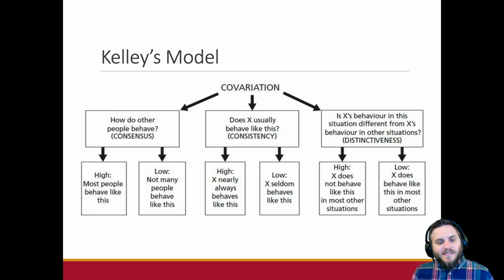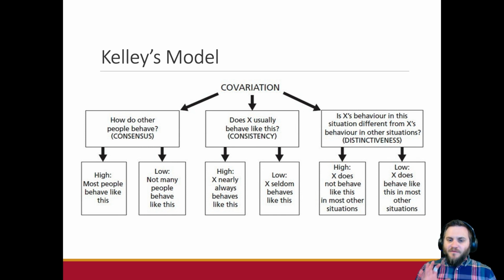Low distinctiveness, X behaves like this in most other situations. I don't know if I said that correctly. So high is different from the pack. Low distinctiveness is it's really hard to disentangle this behavior from any other situations. Okay, so consensus, consistency, and distinctiveness.